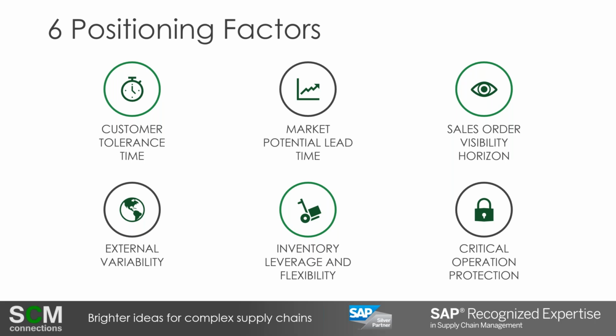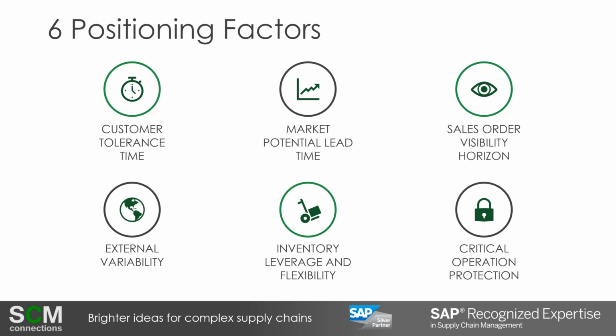IBP also calculates external variability both on the demand and the supply side to protect inventory where it's very susceptible to VUCA-like conditions. Inventory leverage and flexibility. So if there's a component that's shared across many different finished goods, that's also an area where you can leverage DDMRP to possibly have an assembled order strategy, which can help lower your inventory and improve your ability to meet customer orders.